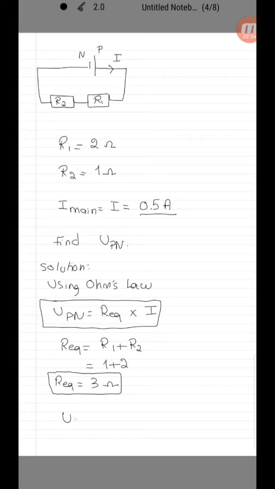UPN equals R equivalent times I, which is R equivalent, 3, times the main current, which is equal to 0.5 amperes, equals 1.5 volts. So I have found UPN.